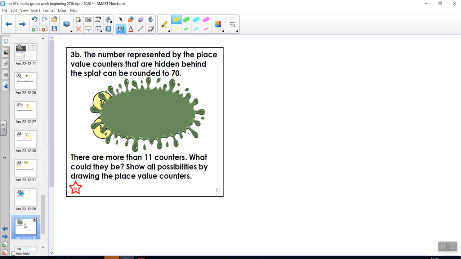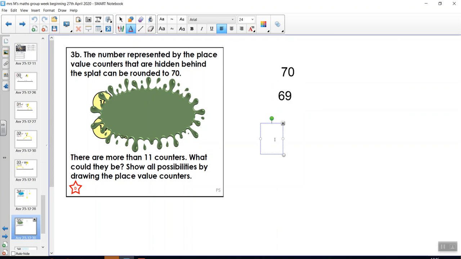Well, let's start with 70. We know that 70 can be made using 7 counters. 69 would take 6 tens and 9 ones. So 69 would take 15 counters. There are more than 11 counters, so 69 could be one of my numbers.